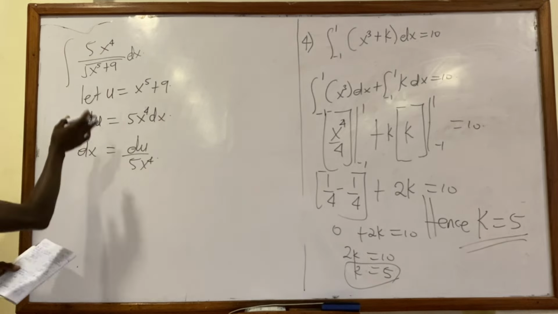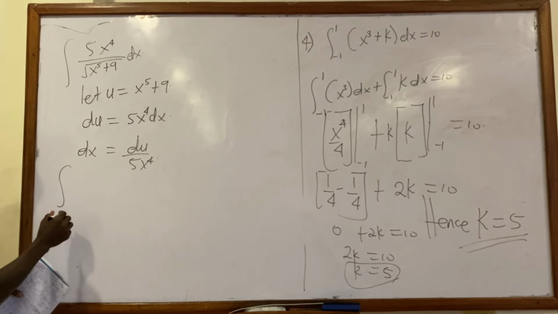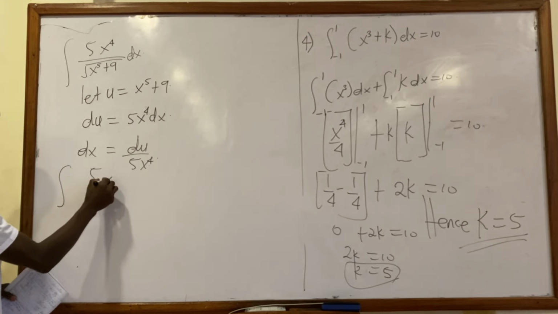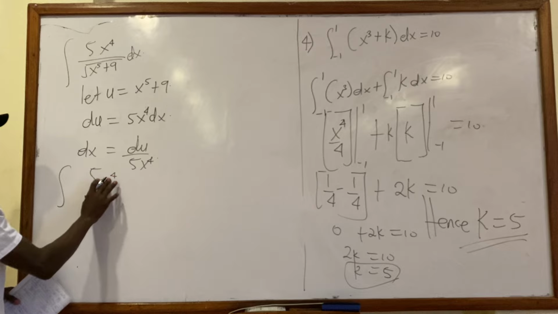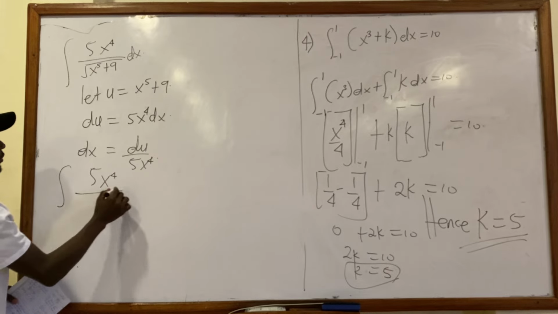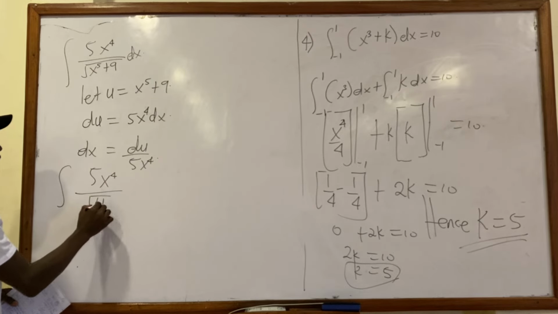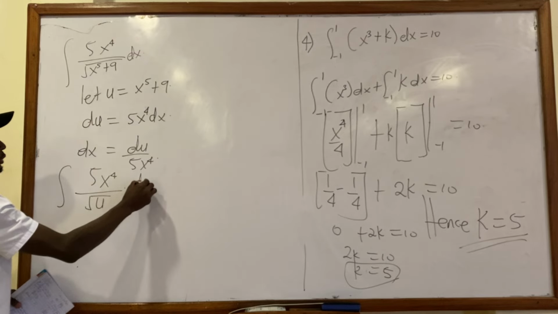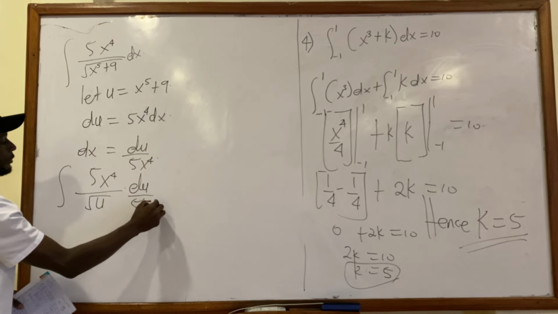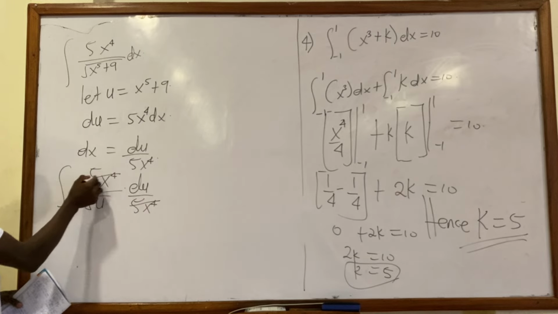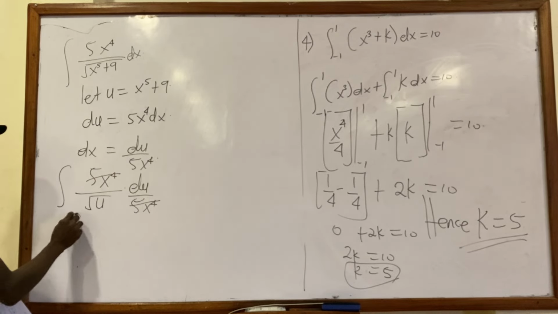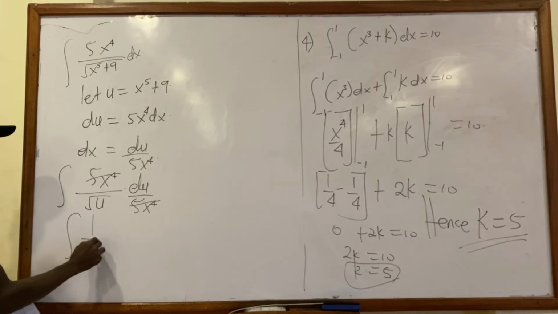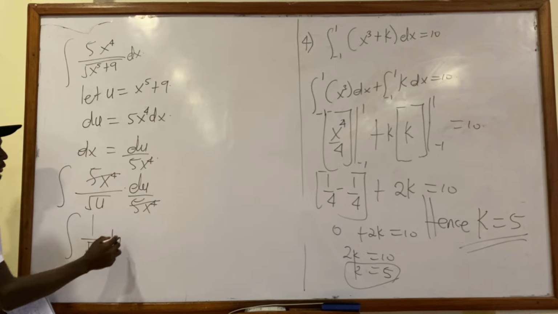All right, so let's put in the parameters. So we have 5x^4 over root of u, and then the dx now is du over 5x^4. All right, so this cancels out automatically, and then we have 1 over square root of u du.